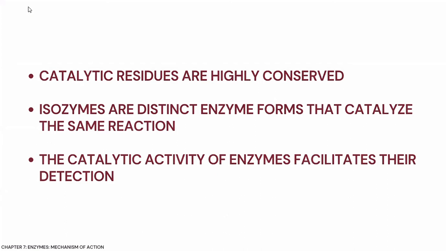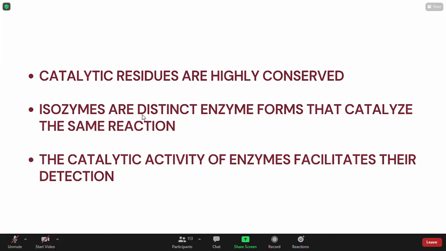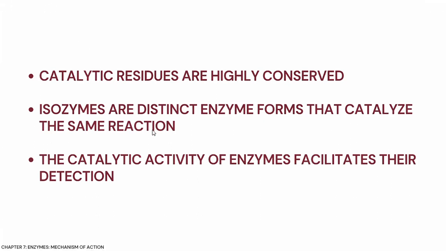Now, glucokinase has a high Km, and hexokinase has a low Km. So what does that mean? It means that if an enzyme has a high Km, it requires a large amount of substrate before it can react.